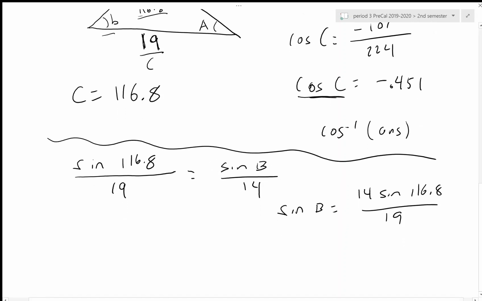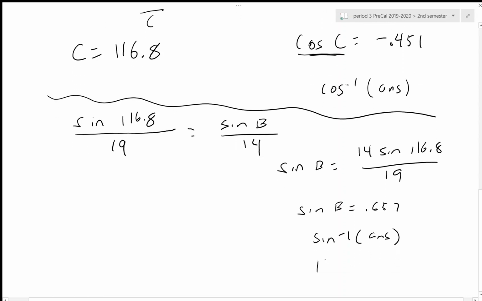We get a decimal, about 0.657, and then we do the inverse sine, plug in our answer, and it tells us that B is equal to 41.12.